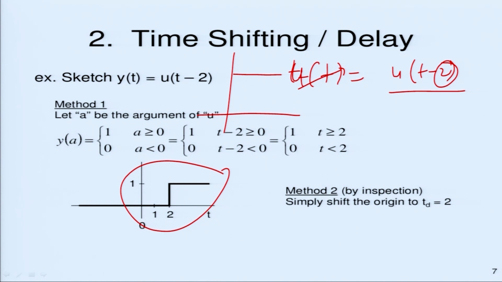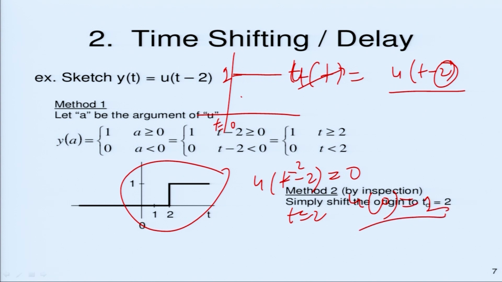So earlier, the signal was having value 1 at t equal to 0. In this form also, if you keep t equal to 2 in u(t − 2), then u becomes u(0), so u(0) will be 1.